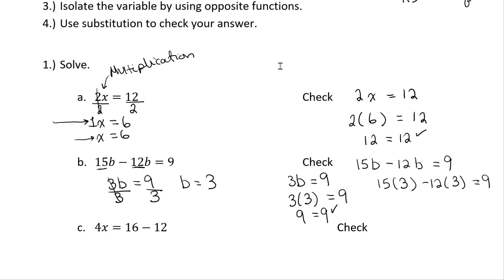So I'm following order of operations, which once again, I'm going to write in here. So now I have 45 minus 36 equals 9, and 9 equals 9. So the order that you do those doesn't matter, okay?